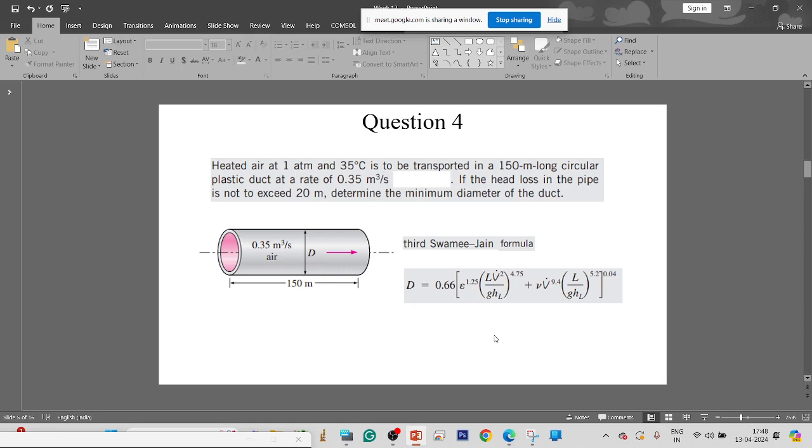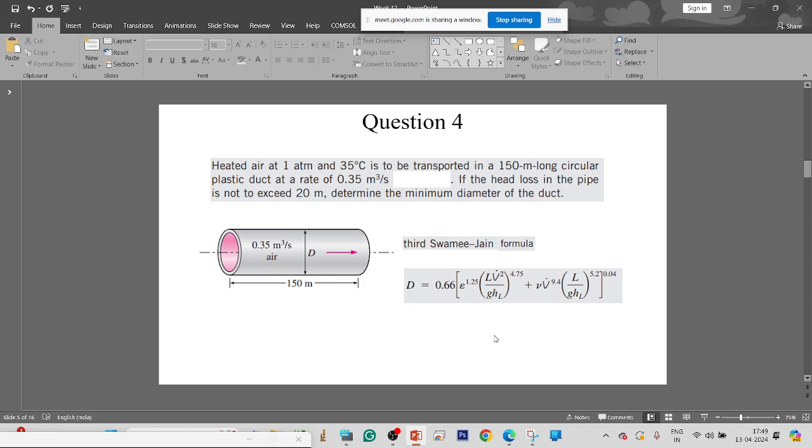This is the third Swamee-Jain formula type problem, where we need to put in guess values and take an iterative method, or we can calculate the friction factor using the Colebrook equation, or use the Swamee-Jain formula directly. Anything that you prefer, so we'll solve by all these methods.